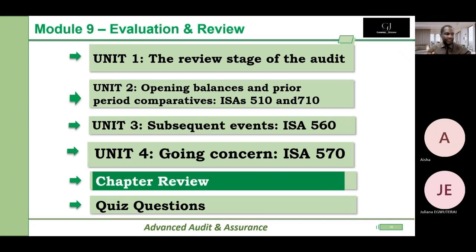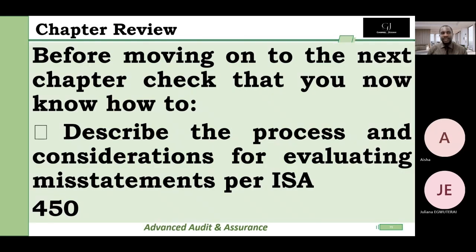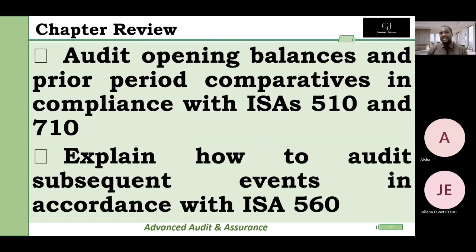Okay, I believe it's comprehensive. So let's test now. It's judgment day. Let's test and see if we understood evaluation and review. We need to check by this test whether you can describe the process and considerations for evaluating misstatements as per ISA 540.